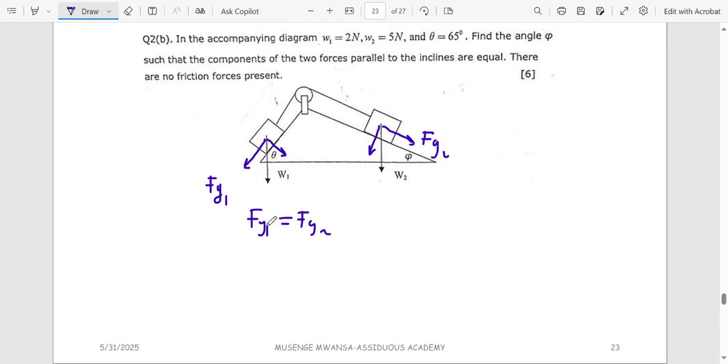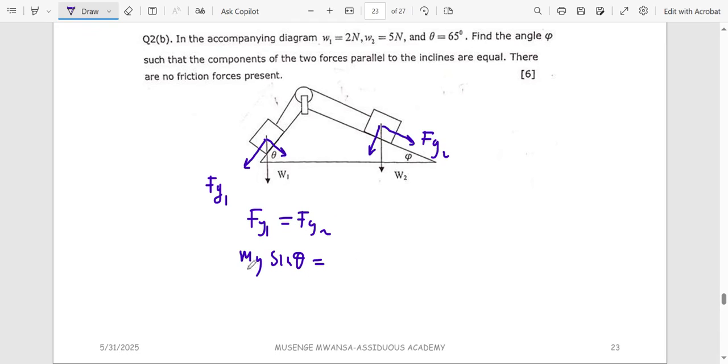How do you find Fg? This is just given by mg sine of the angle, isn't it? So that's what you put there: mg sine theta. And then this is going to be equal to the other side.